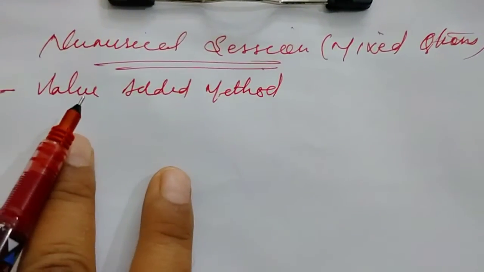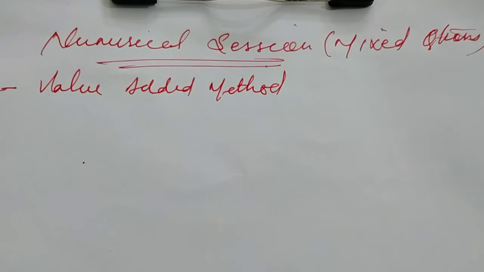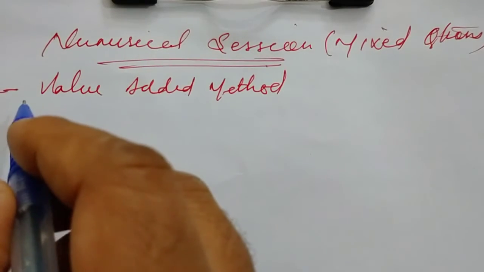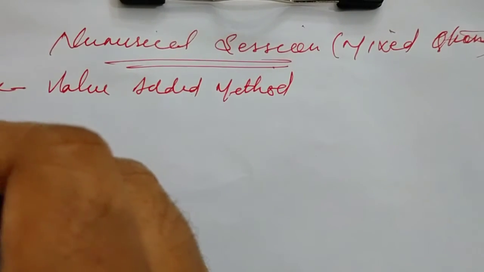Alright, the first method I am taking is the value-added method. In this method, one example I am taking over here.